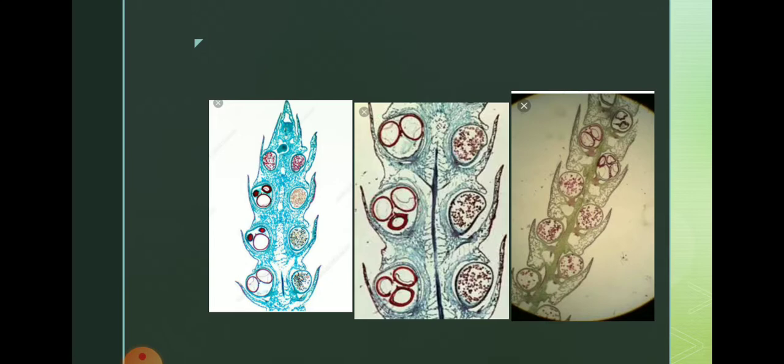What you are seeing is a microscopic slide in which a section of the strobilus is cut. It is heterosporous in nature. There are two types of spores present, one is megaspore, the other is microspore. The large spores are megaspores and the small ones are microspores.